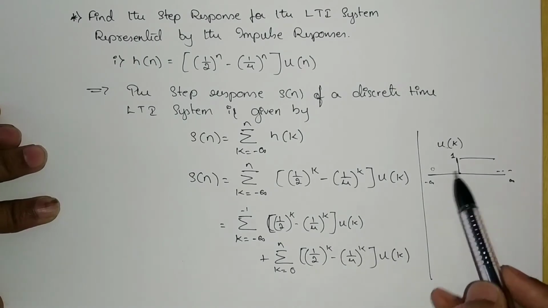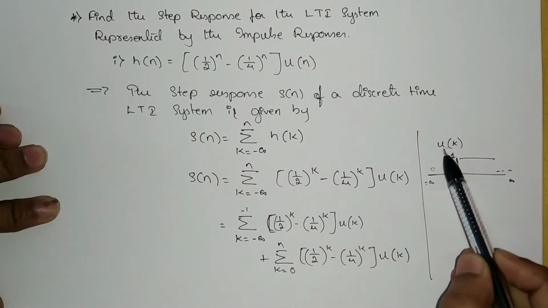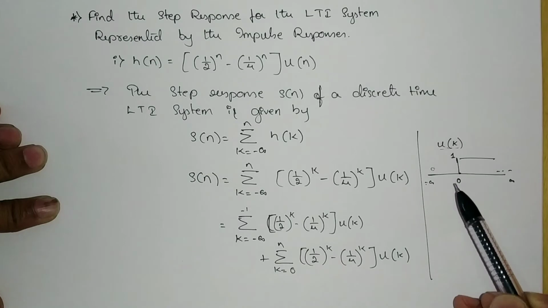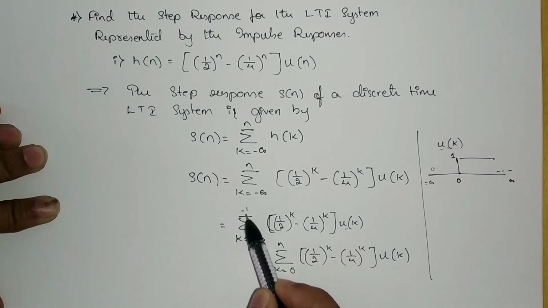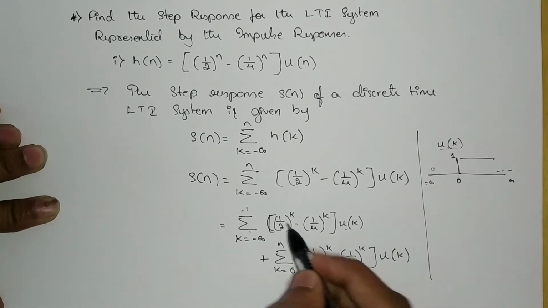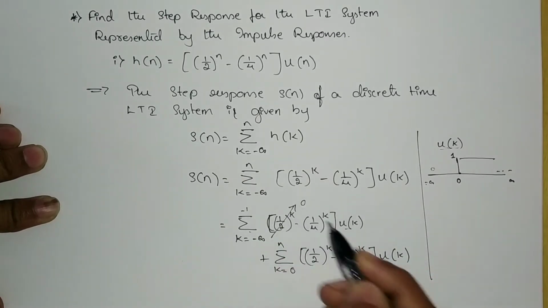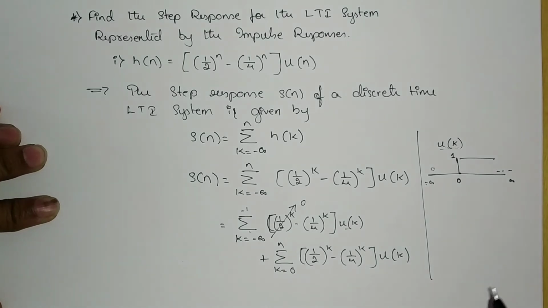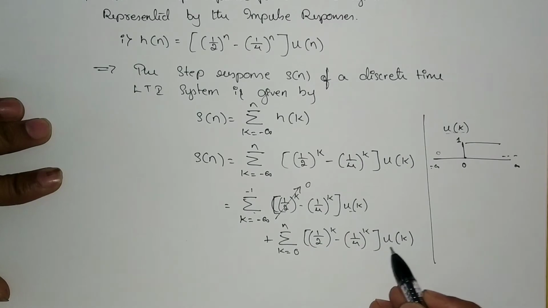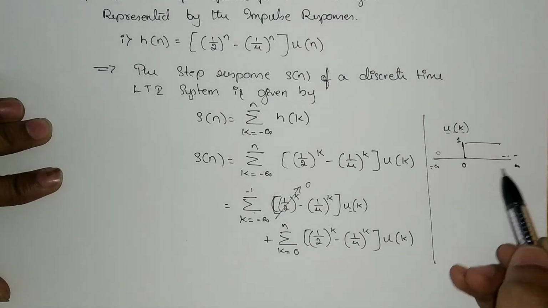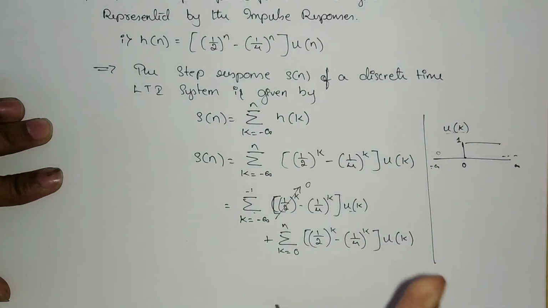As we know, for k from minus infinity to minus 1 the value of u of k is 0, and 0 into anything tends to 0, so the first term becomes 0. The value of u of k between 0 and plus infinity is 1.